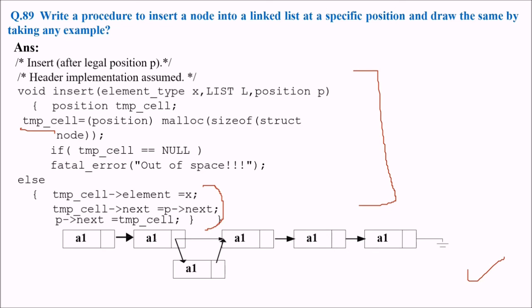First of all, the pointer of the node after which you want to insert, which was pointing to the next node, will now point to the temp cell. The temp cell's next will point to P's next. And P's next will point to the new node, and the new node's pointer will be pointing to the next node. This is how we can insert.